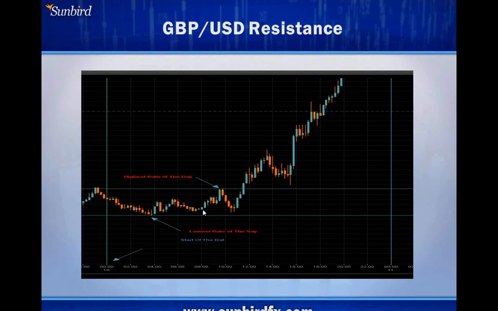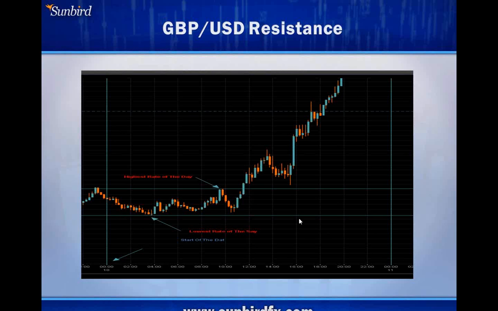On the GBP US dollar, again, I took the highest rate of the day, the lowest rate of the day. If it breaks through the highest rate of the day, I go long, and if it breaks through the lowest rate of the day, I go short. As you can see here, it broke through the highest rate of the day, and I made a much more decent amount of pips of profit.